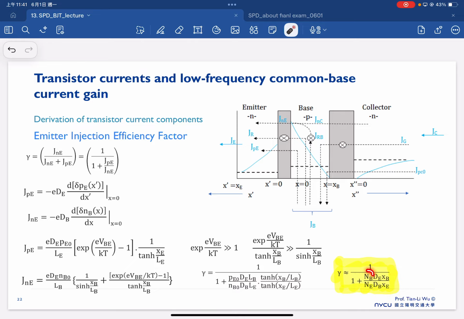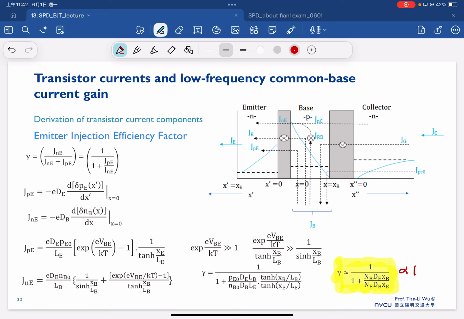Now you see the different base doping, emitter doping, base width, and emitter width might in the end influence our emitter injection efficiency. This is our goal, because so far we don't know what the concentration impact would be, or what the widths of the emitter, base, and collector would do to our current gain, but we want this to have a certain correlation.